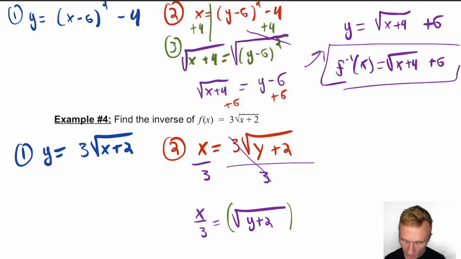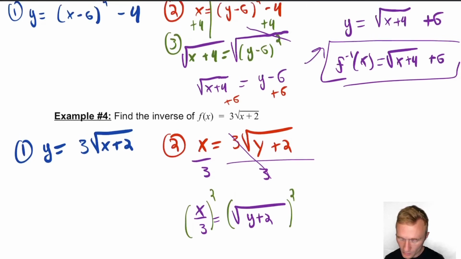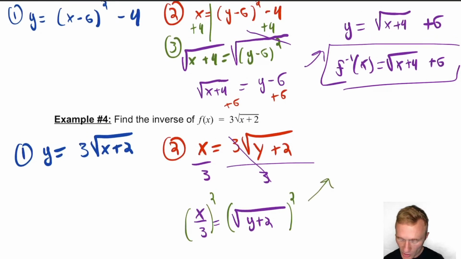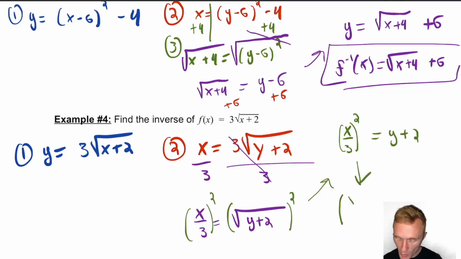Now I have that square root alone. I'm going to square both sides. This is going to get a little bit tricky here, but what we're going to have is x over 3 squared equals y plus 2. X over 3 squared, remember, means x over 3 times x over 3. So we're going to have x squared over 9 when we multiply straight across.